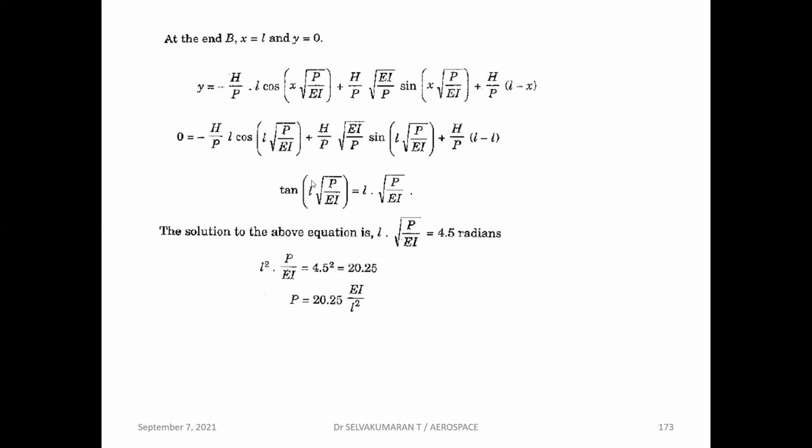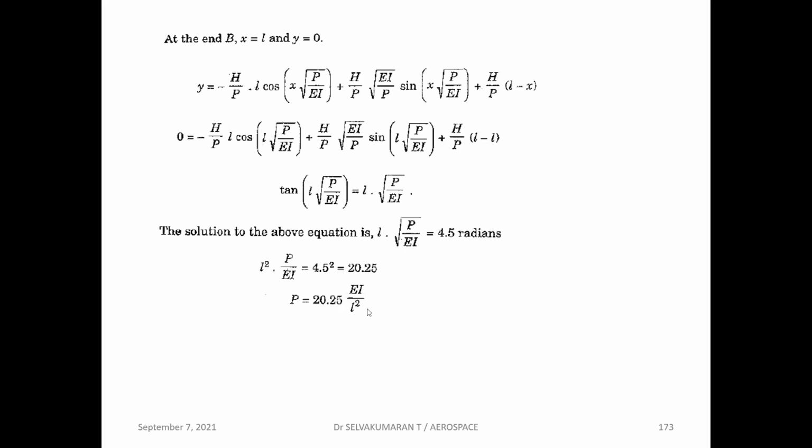So tan of some angle should be equal to some value which is in radians. So let us take that L into root of P by EI is equal to 4.5 radians. If you convert that to degrees and take tan of that, you will get this value on the right hand side in radians. Squaring on both sides, you get P is equal to 20.25 EI by L square.